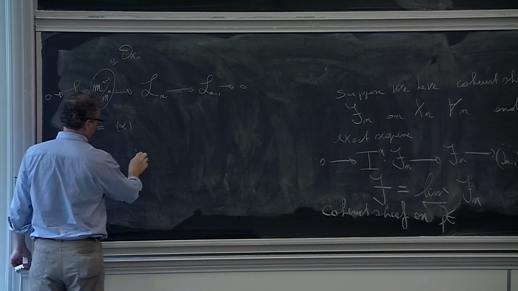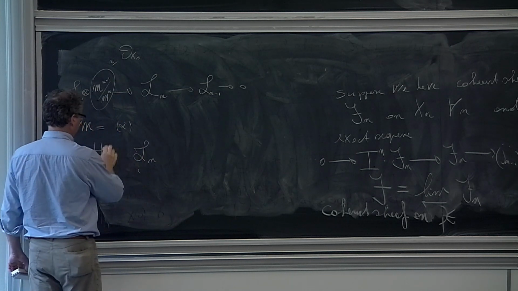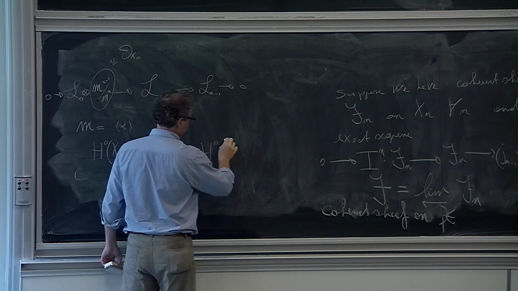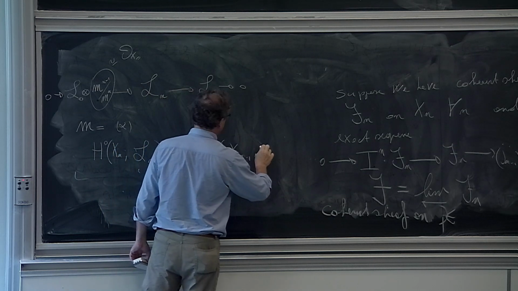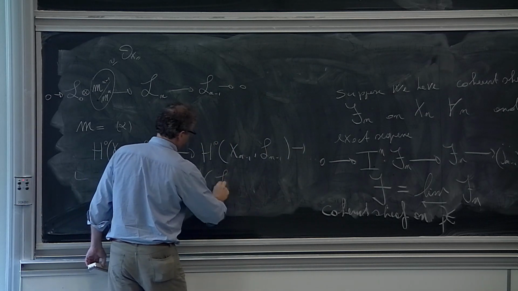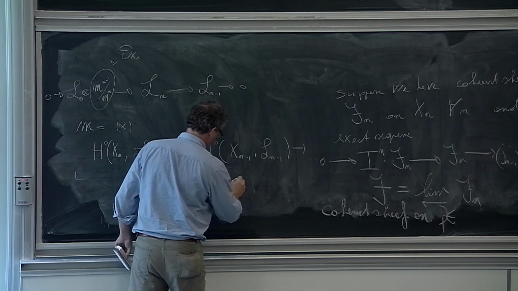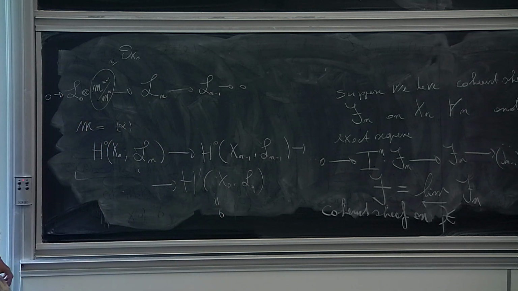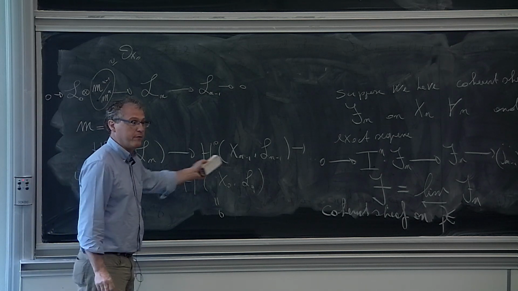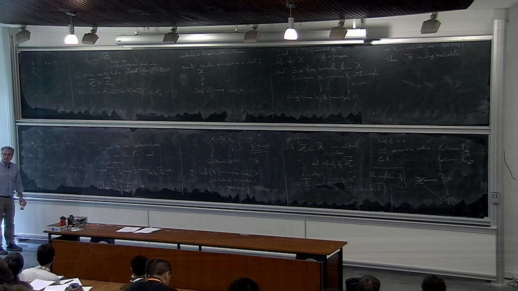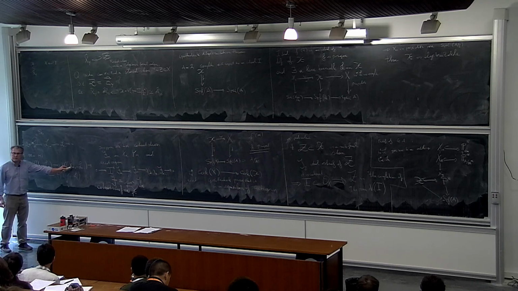So this gives you H0 of X_n, L_n to H0 of X_{n-1}, L_{n-1}, and then you have H1 of X0, L0. And then you can suppose that this is 0 because it's ample. Because it's ample, you see that you can deform all the global sections. You can deform them, and that means that you can deform them to the formal limit.